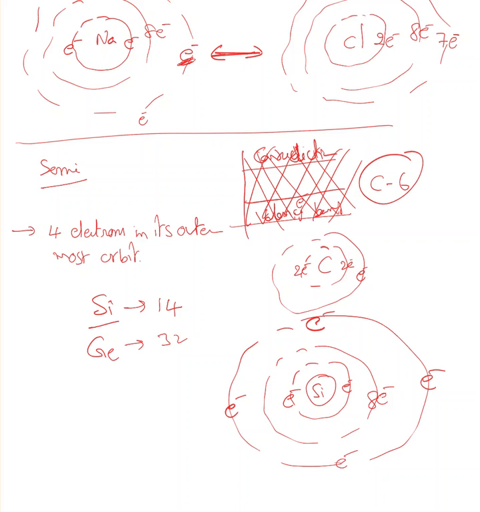Germanium, 32: 2 in the first orbit, 8 in the second orbit, 18 in the third orbit, and then 4 in the fourth orbit. So 2 plus 8 is 10, plus 18 is 28, plus 4 is 32.